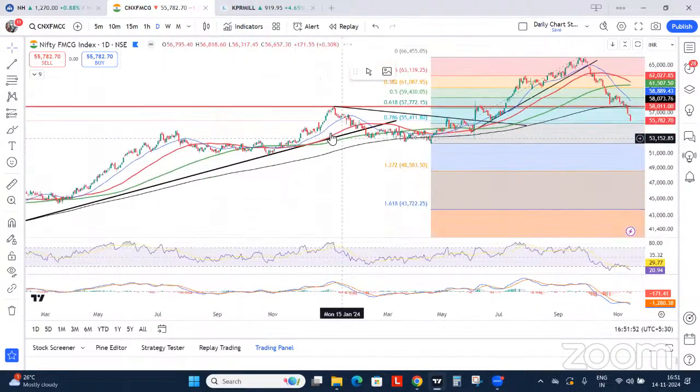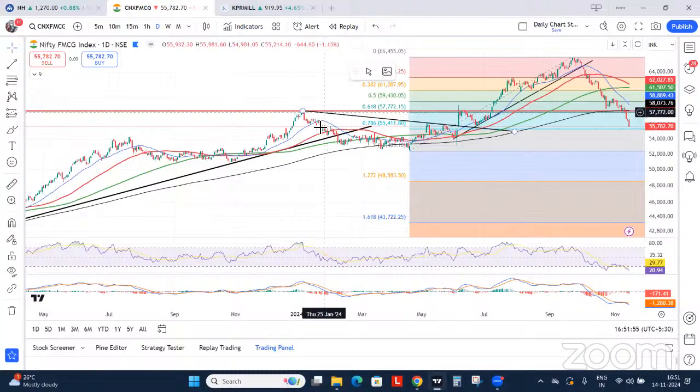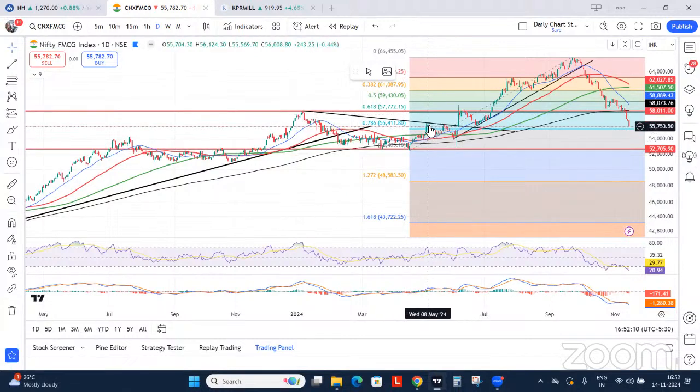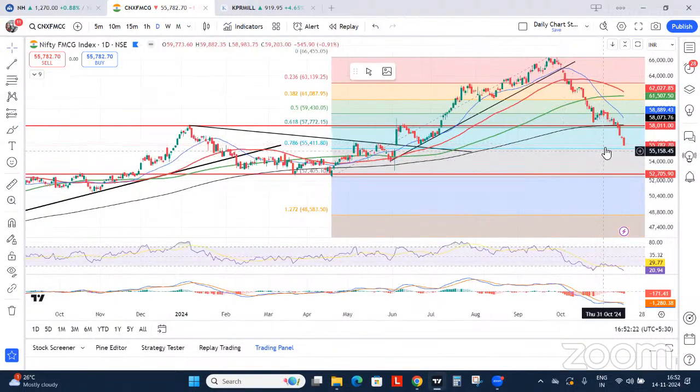Once again, on the larger time frame chart, this is a range where Nifty FMCG traded near 53,000 to 56,000, 58,000 in the months of March and April. It has moved back to that range and given up the majority of the gains. Henceforth, it's likely to touch a major support placed around 52,500.